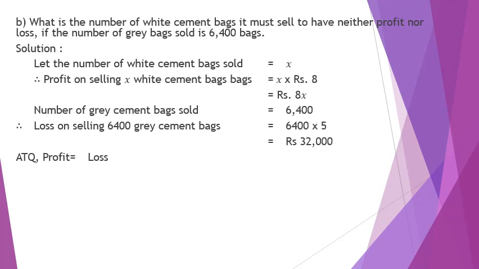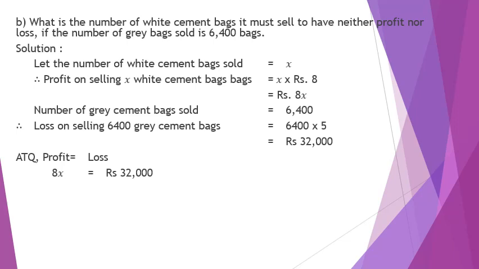According to the question, the company wants to make neither profit nor loss. That means profit will be equal to loss. Here loss we got rupees 32,000. That means profit on selling x bags equal to rupees 8x should be equal to loss on selling 6,400 bags, that is rupees 32,000.